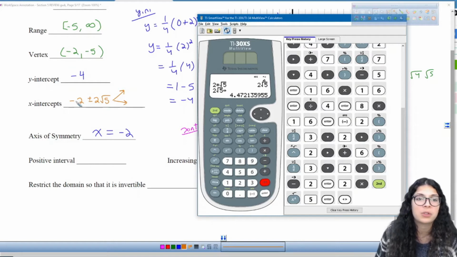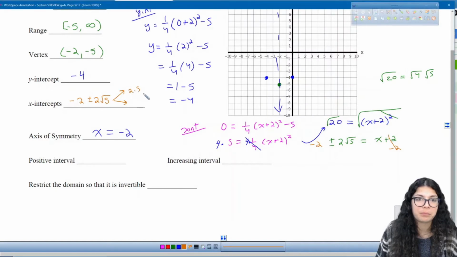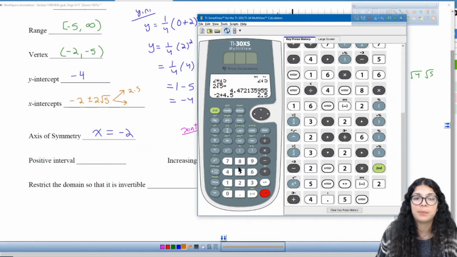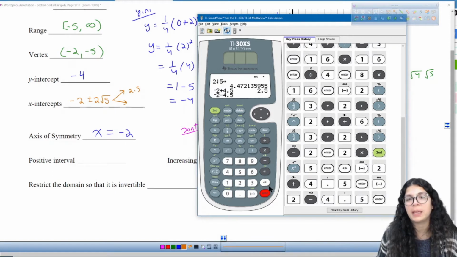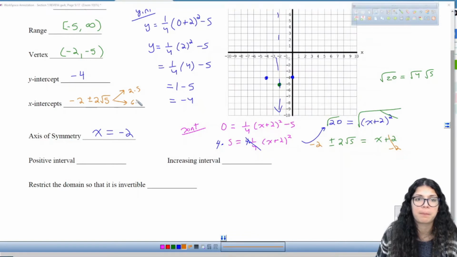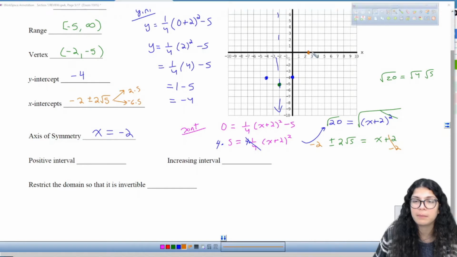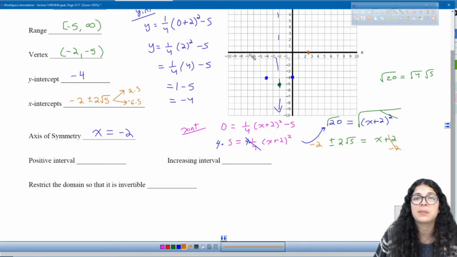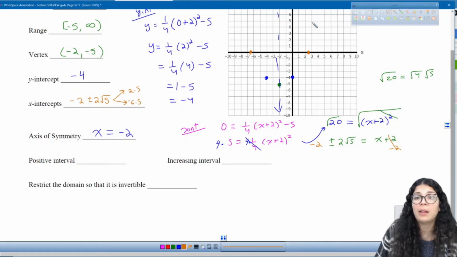Okay, so we have -2 plus 4.5, which is 2.5. And then we have -2 minus 4.5, which would be -6.5. So +2.5, roughly, and -6.5, roughly. So with all of that, I have my sketch.